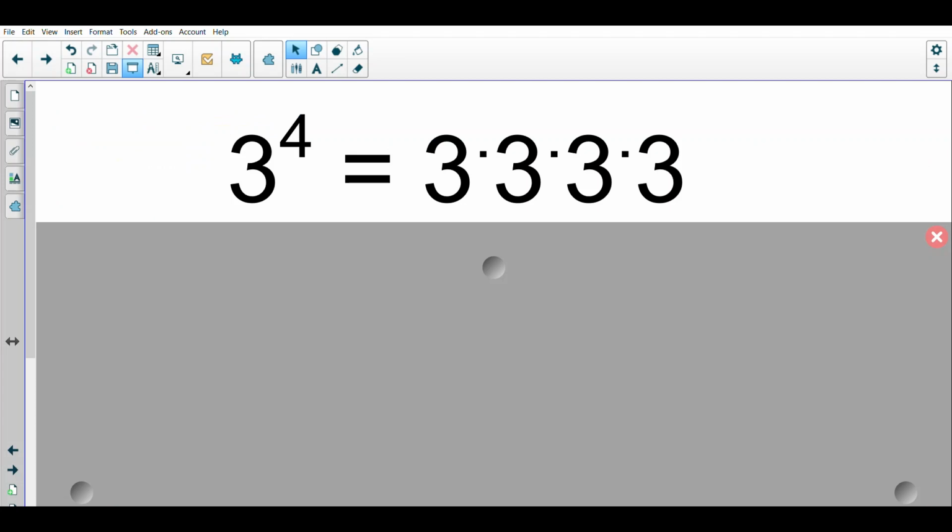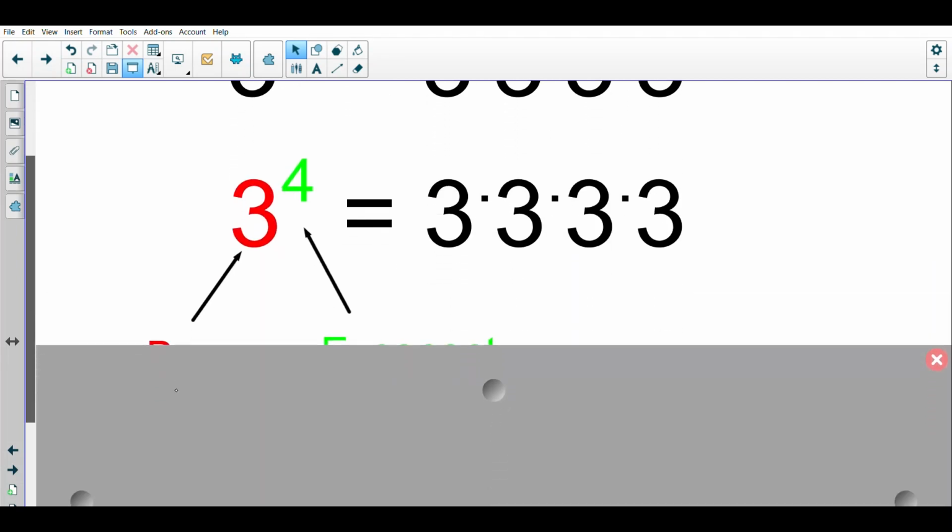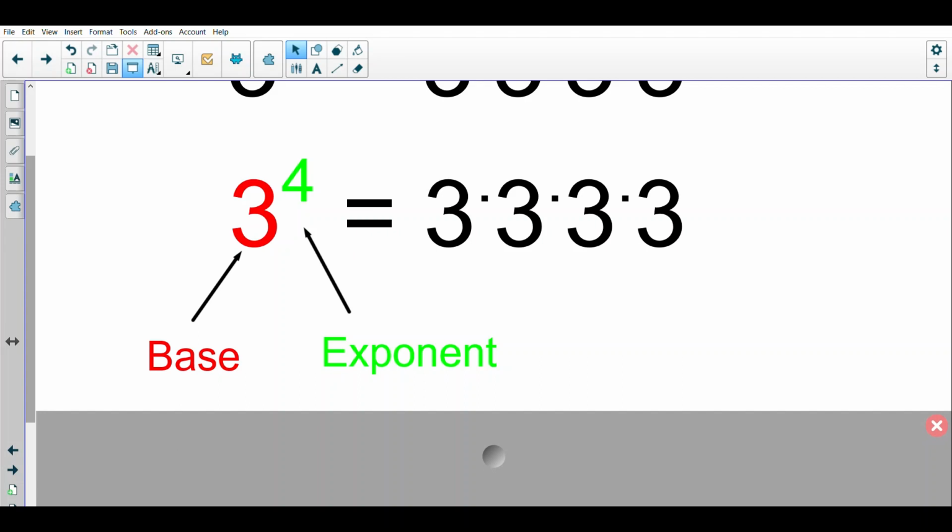All right, so now let's look at this. 3 to the 4th power. Now it really means 3 times 3 times 3 times 3. It's repeated multiplication. So we have parts of it that we need to look at. The 3 is the base, and the 4 in this case would be called the exponent.